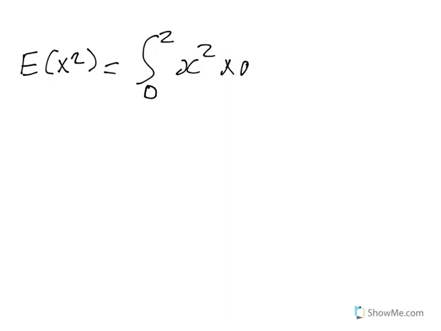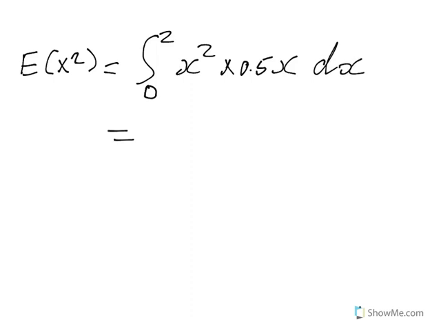The other bit we need is our expectation value of x squared. The expectation value of x squared is the integral, and the limits are 0 and 2, of x squared times the probability density function, which is 0.5x dx.